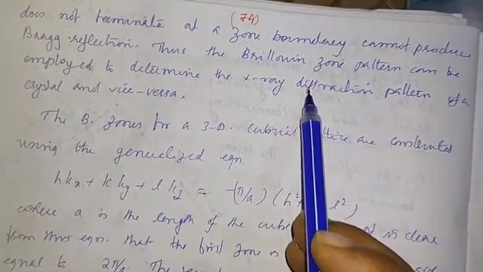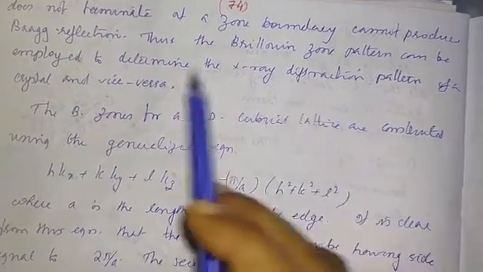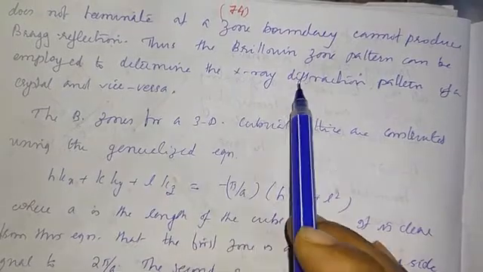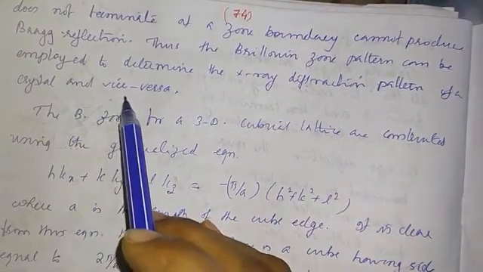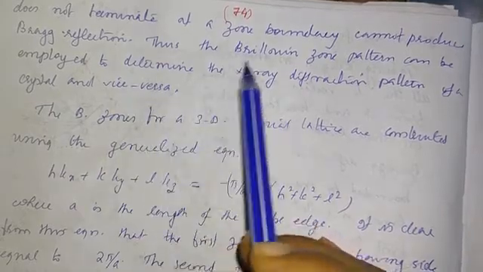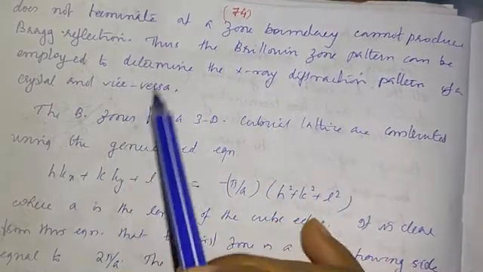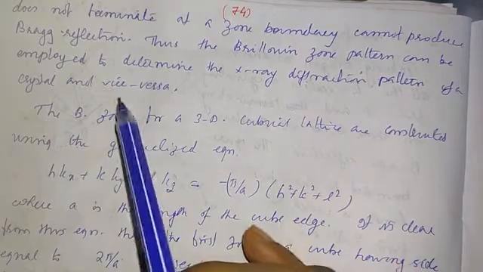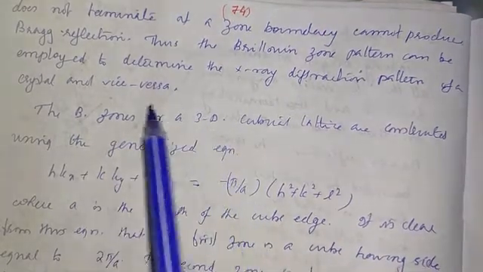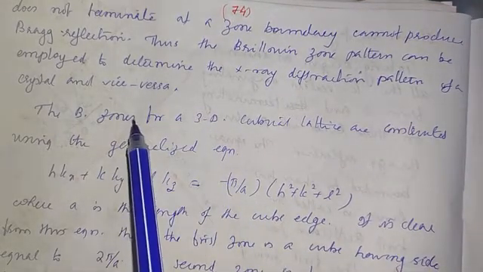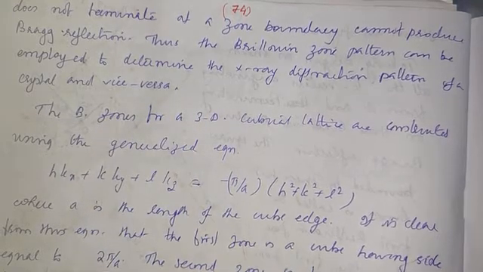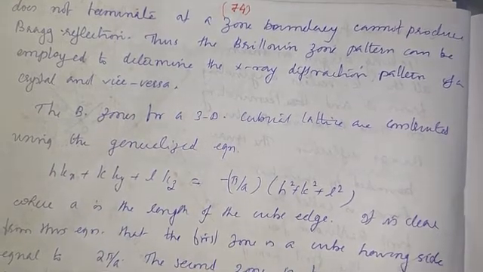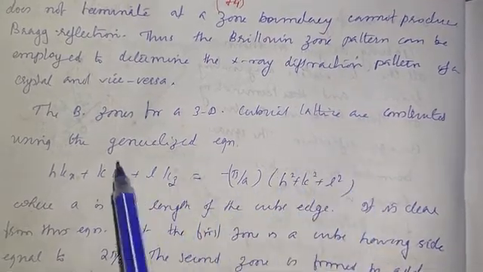Thus the Brillouin zone pattern can be employed to determine the X-ray diffraction pattern of the crystal structure and vice versa. So the Brillouin zone pattern will give you the X-ray diffraction pattern, and hence the pattern of the crystal structure. Okay, so this is the importance of the Brillouin zone in reciprocal lattices.